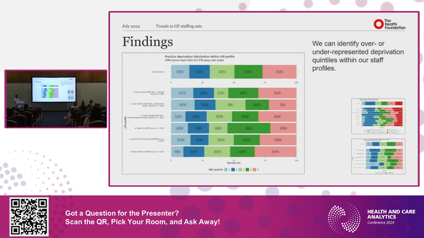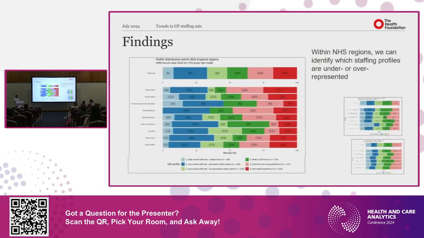For example, in the non-medical staff focus, we can see that practices from the most deprived quintiles are relatively underrepresented compared to practices from the most affluent quintiles, which are relatively overrepresented, which might go against the idea that more affluent areas are overdoctored and more deprived areas are underdoctored, for example.